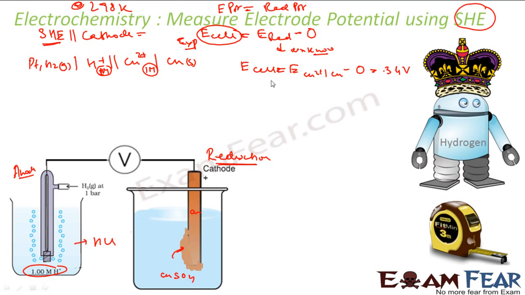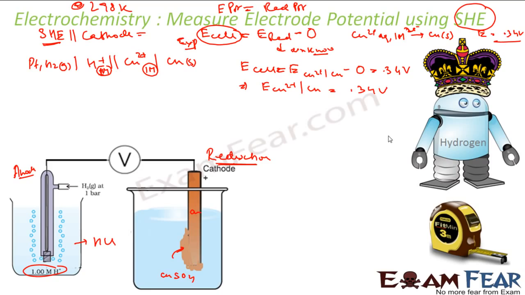So with this I can say that the reduction potential of copper 2 plus to copper is nothing but 0.34 volt. Correct? That means for this reaction, Cu2 plus aqueous, 1 molar, to copper, obviously 2 electrons you need, the E value is 0.34.